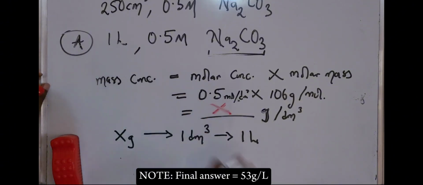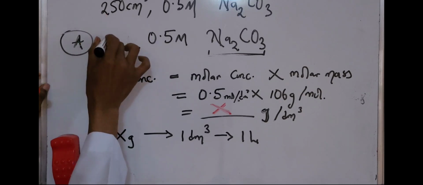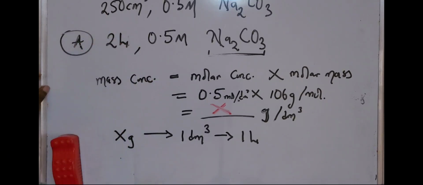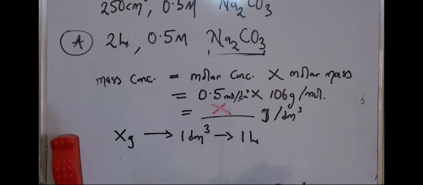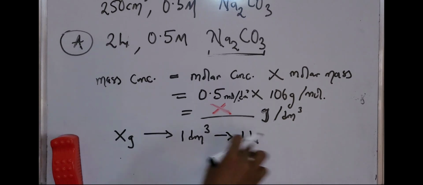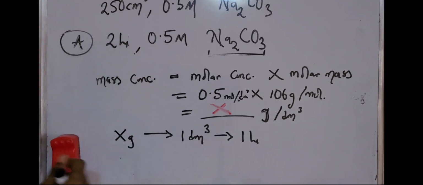Now let's take, for example, since you're catching up, let's say here was to be 2 liters. So it means you proceed further, right? The standard is 1 dm cube, 1 liter, or 1000 cm cube. So since you'll be preparing it in 2 liters, you ask yourself, how much?